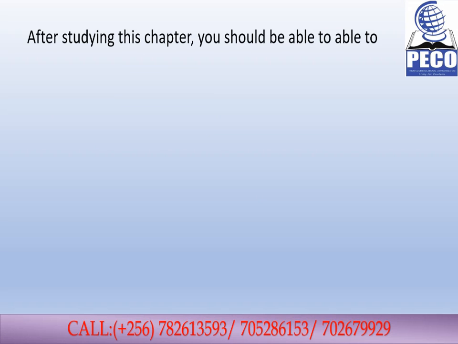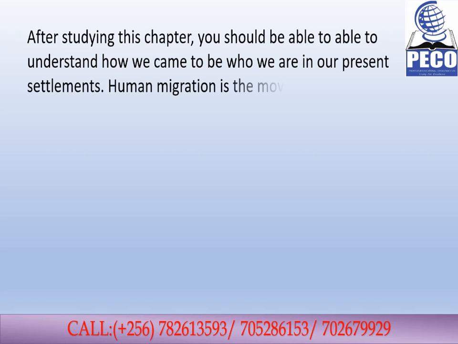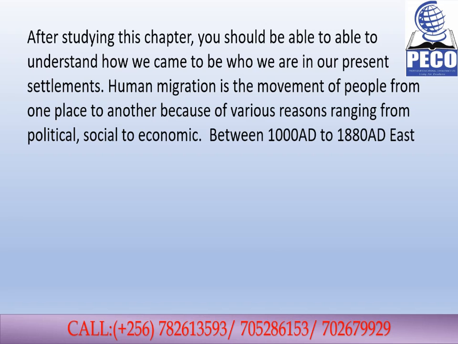After studying this chapter, you should be able to understand how we came to be who we are in our present settlements. Human migration is the movement of people from one place to another because of various reasons ranging from political, social to economic.